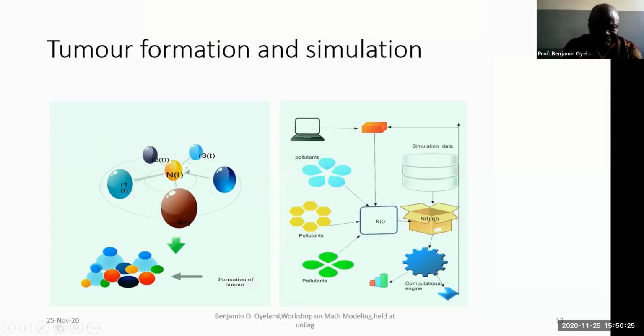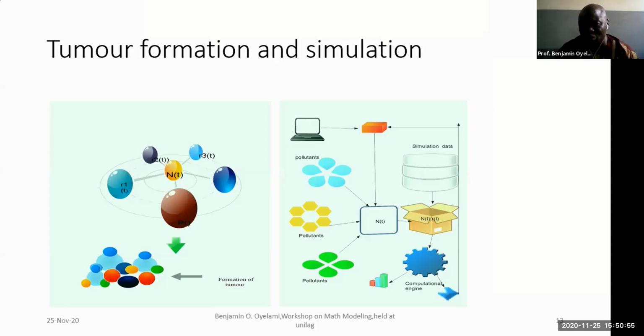And immediately when this thing enters the body, the body normally deploys the antibodies, or the body immune system, and different types of cells will be mobilized to attack the cells. And if it attacks it, it leads to a process we call angiogenesis. That means all the dead cells, it gathers them together and puts them somewhere in the body.